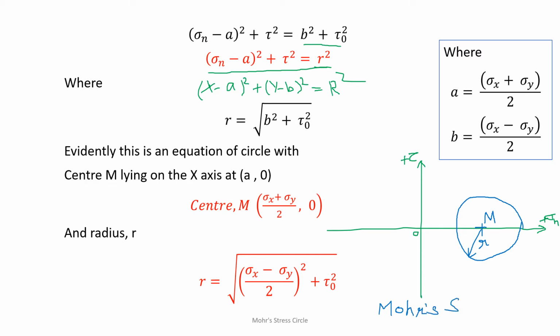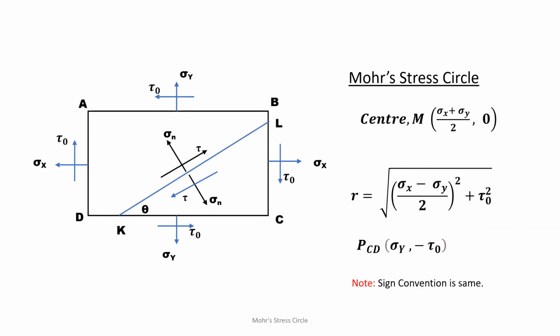Mohr's stress circle. The only thing is, you take a suitable scale along sigma and tau, that is, along the x and y axes. Now for the given point A, B, C, D with the given biaxial stress system sigma x, sigma y and tau naught, all are positive for the given directions.